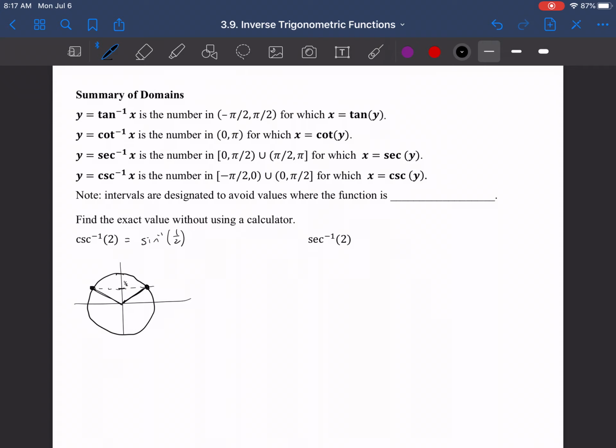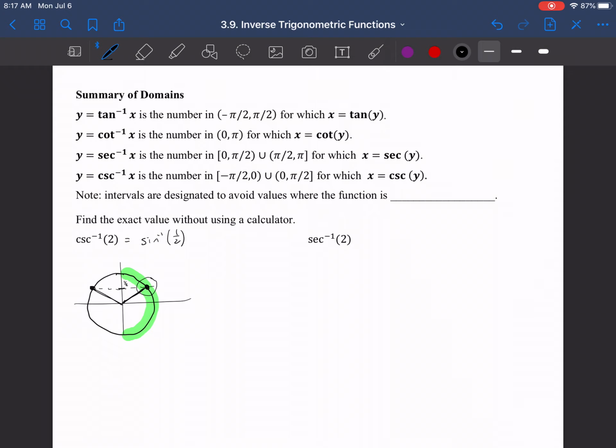Now remember, for arc sine, we're worried about between negative pi over 2 and pi over 2, all right? So that means that we need to stay in here for our answer, which means the point that we want is this one over here, not the one there on the left.